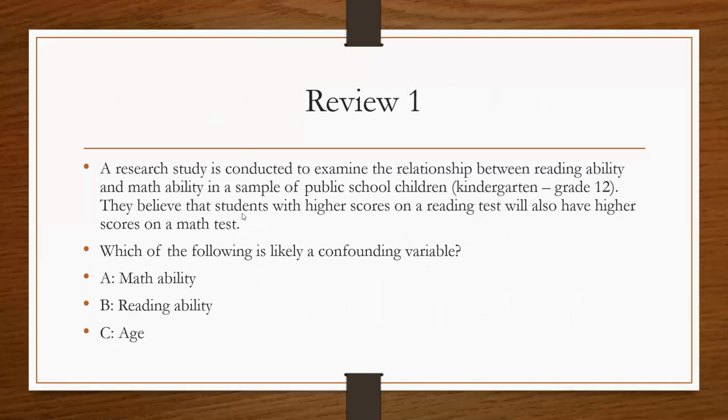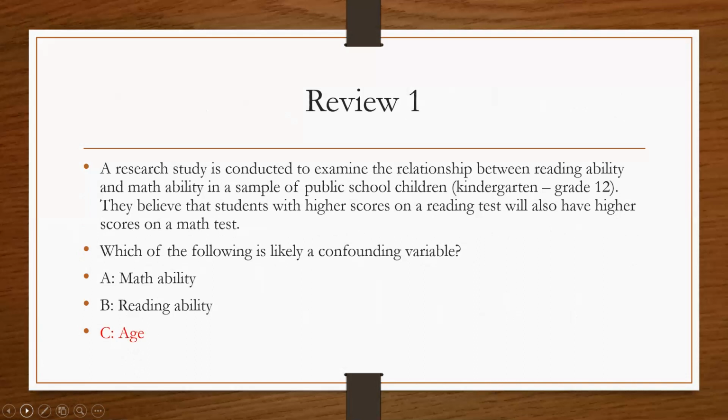Okay, so the question asks, which of the following is most likely to be a confounding variable, given the three potential answers? And so the confounding variable is actually going to be age. And the reason being, in the question, they're only looking for the scores of the reading test compared to the scores of a math test.